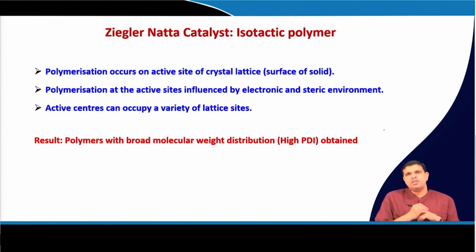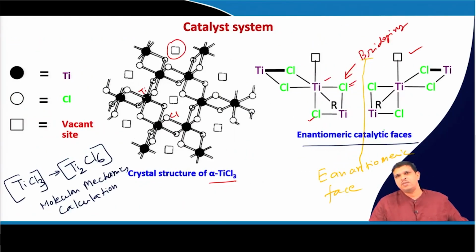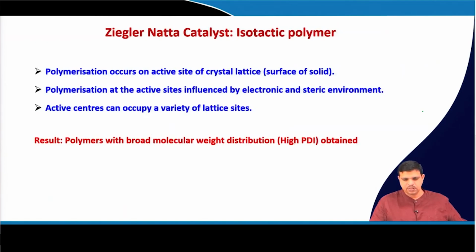But as you see, it is very difficult to understand how this chiral environment is formed, because this is a heterogeneous system. All the polymerization actually happens on the surface of the catalyst; it is not a homogeneous system.